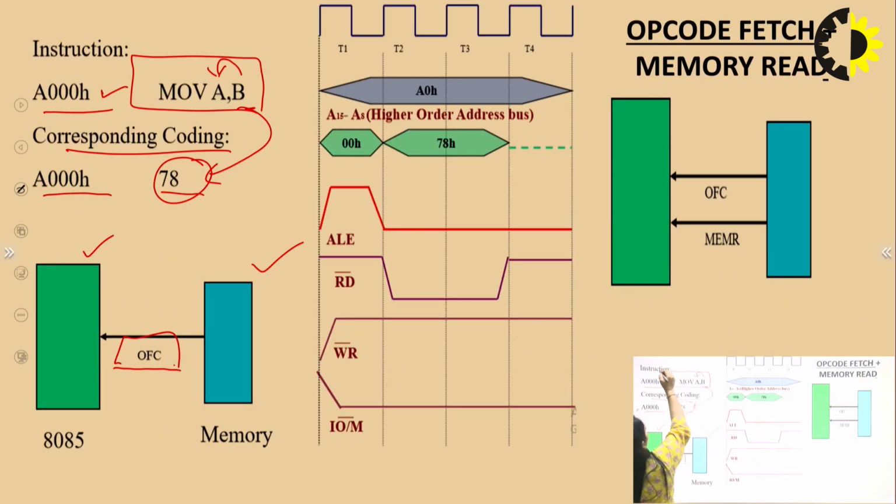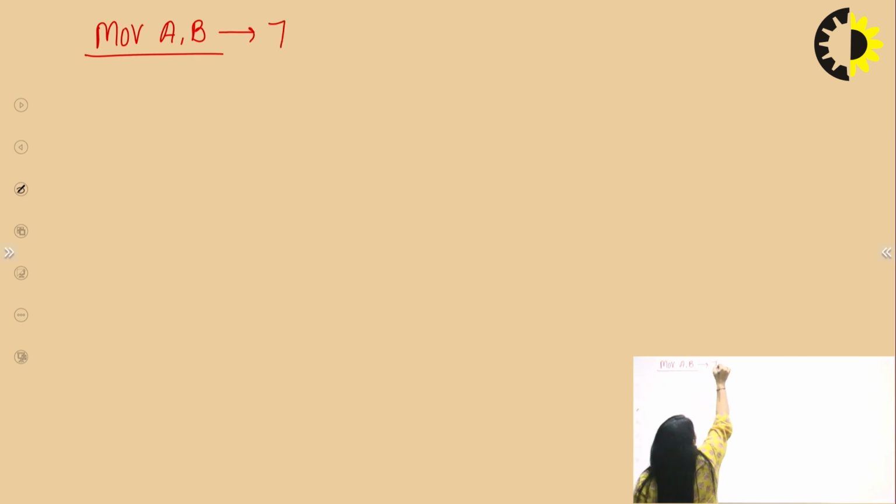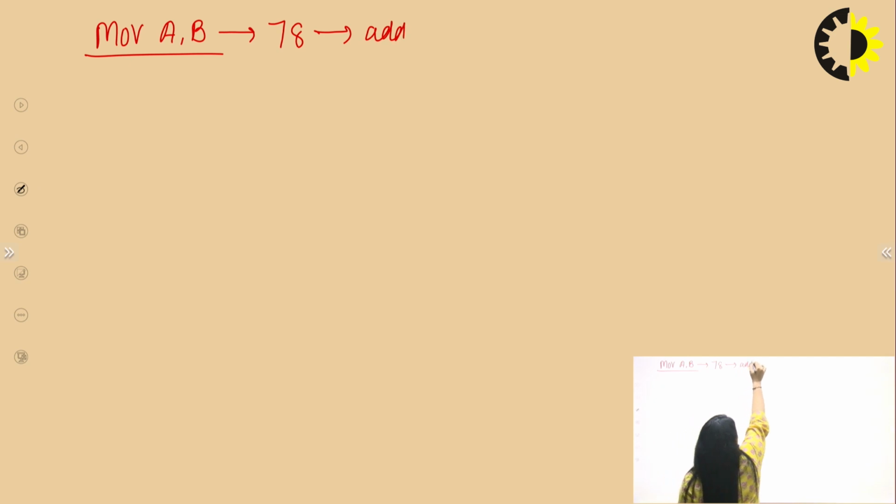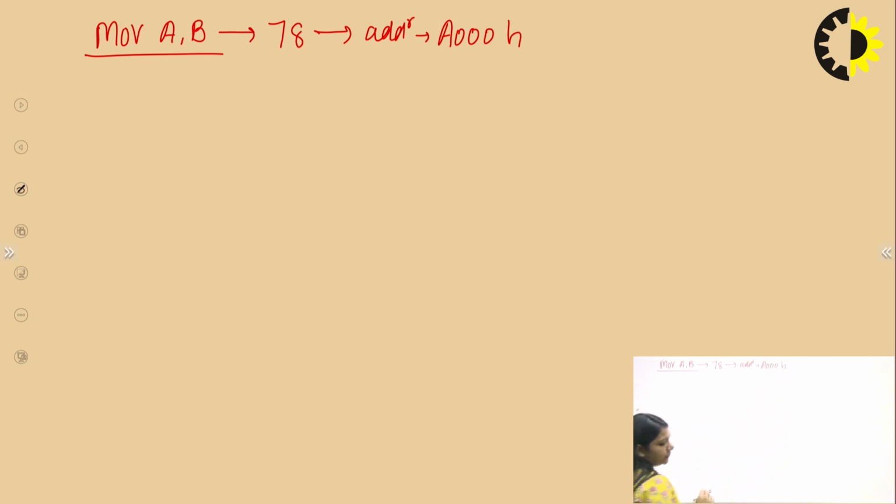The instruction was MOV A, B, the opcode was 78, and the address is 8000H. First of all, what we have to do is draw some vertical lines here.